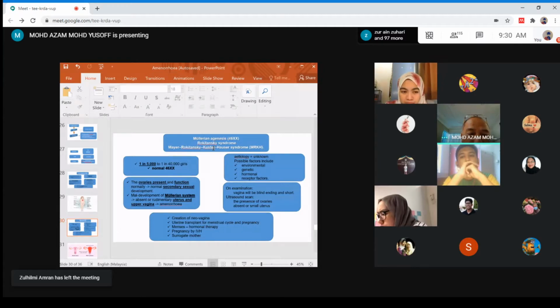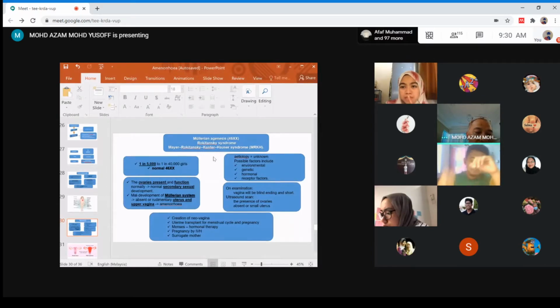The hypothalamic pituitary ovarian axis is normal, functioning normally. So that means the ovary is present. Secondary sexual characteristics are normal because the ovary is functioning. So what is the problem?